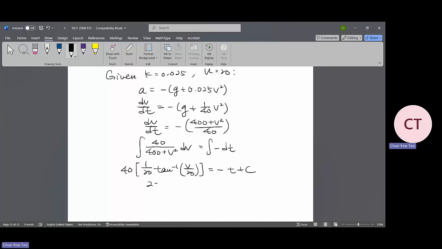So you will have 2 arctangent of V over 20 equal to the negative T plus C. Given that when T equals 0, your initial speed U is 20, you will have 2 arctangent of 20 over 20 equal to 0 plus C. So your C is actually pi over 2.